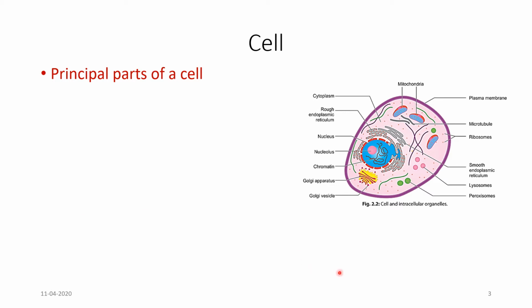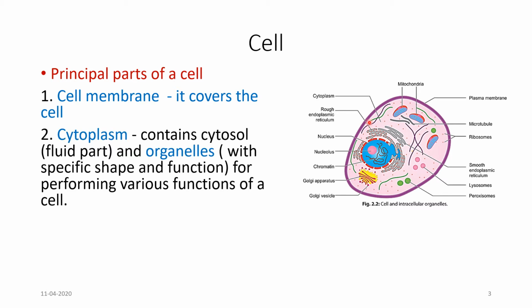The principal parts of a cell you can see in this picture. This is the cell membrane, which covers the cell, and the other one is the cytoplasm. The cytoplasm consists of two parts. One is the fluid part and the other is the organelles.